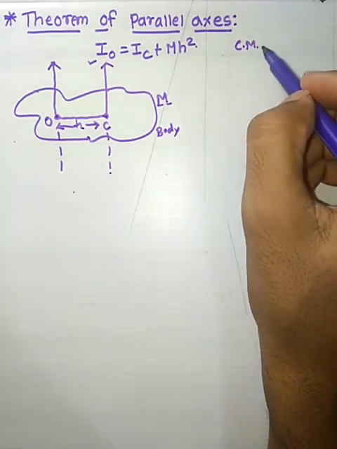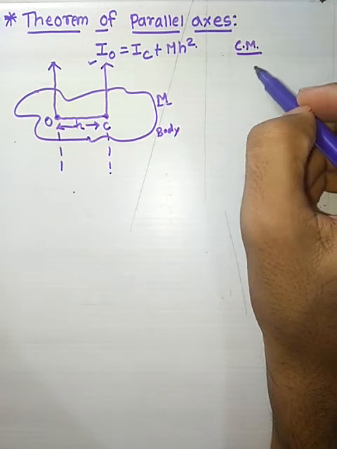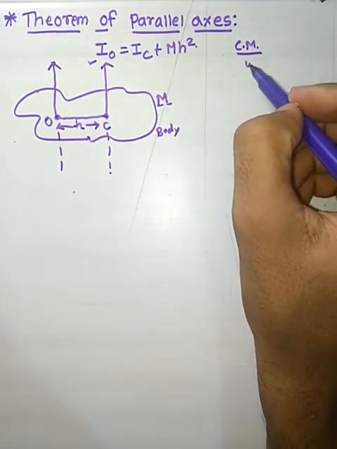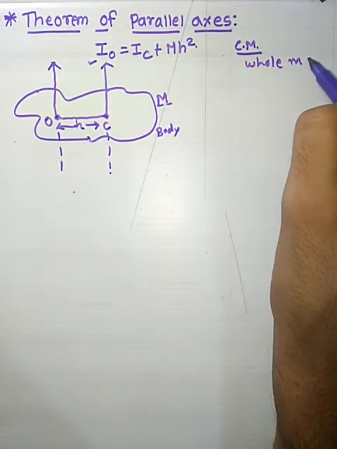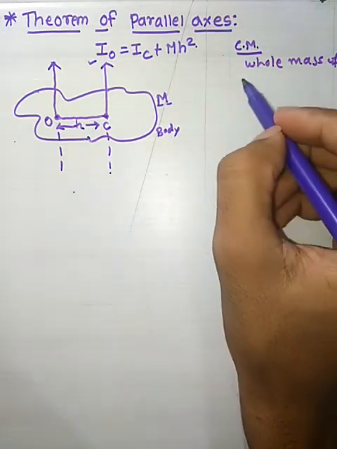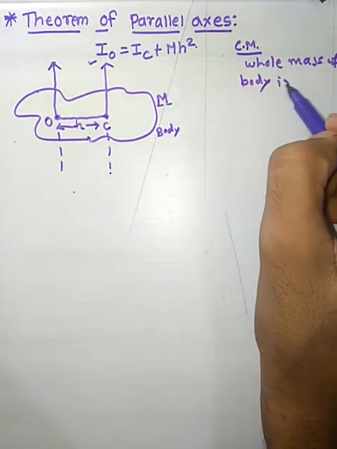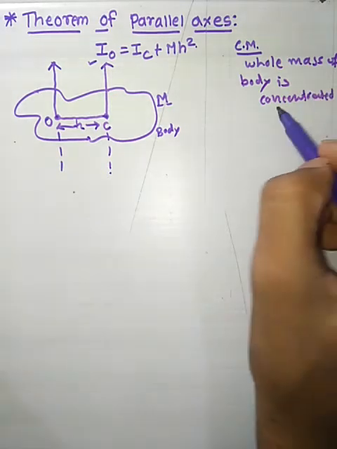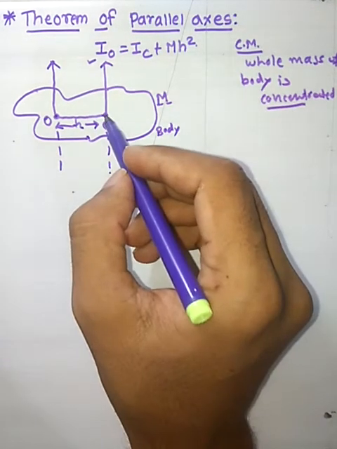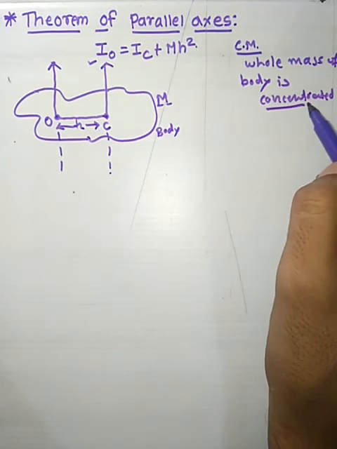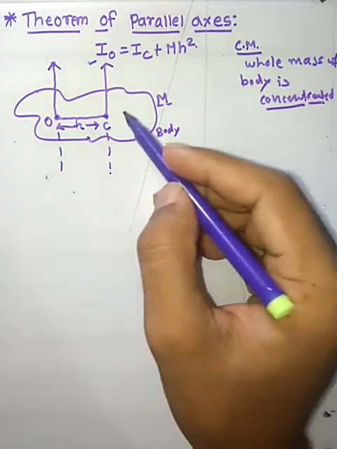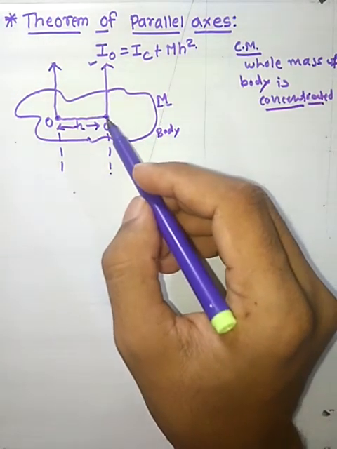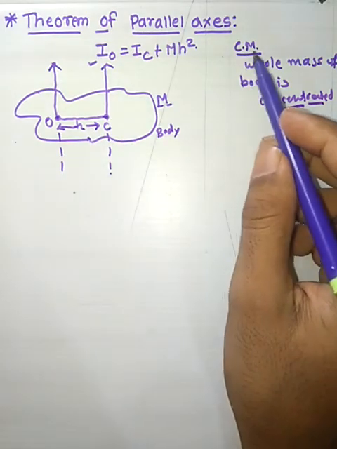Center of mass is the point in that body at which the whole mass of the body is concentrated. The mass distribution about that point is such that the whole mass of that body is supposed to be concentrated at a point. Such a point is called the center of mass point.